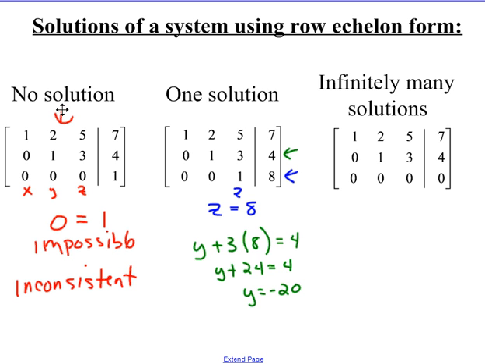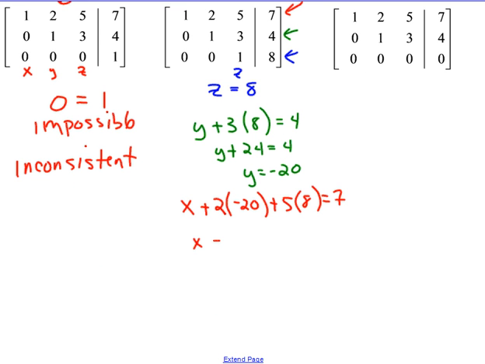And then I can use those two numbers I now have in my very first equation, which says x plus 2 times y. Well, we just said y is negative 20, plus 5 times z, but z is 8, equals 7. And this becomes x minus 40 plus 40. And these cancel out, and I end up with my solution of x is 7.